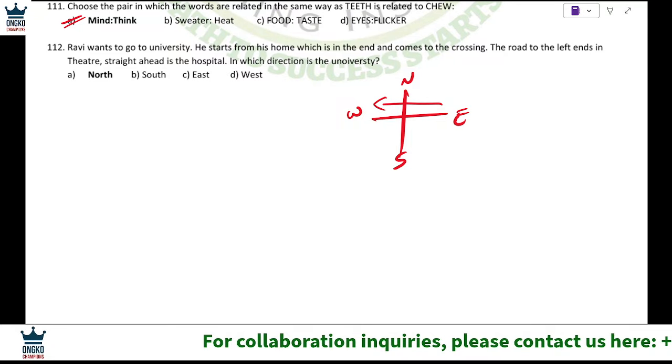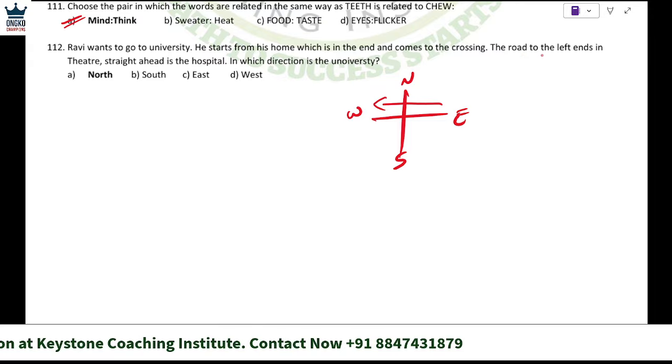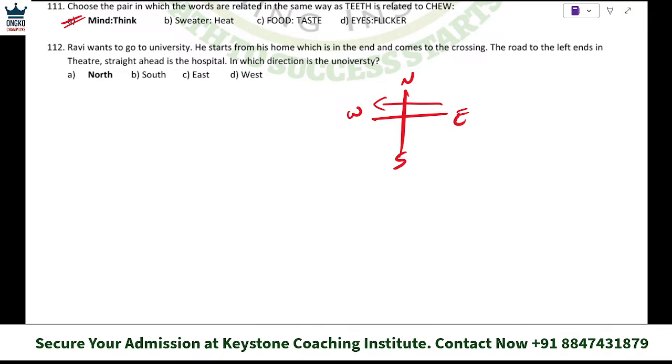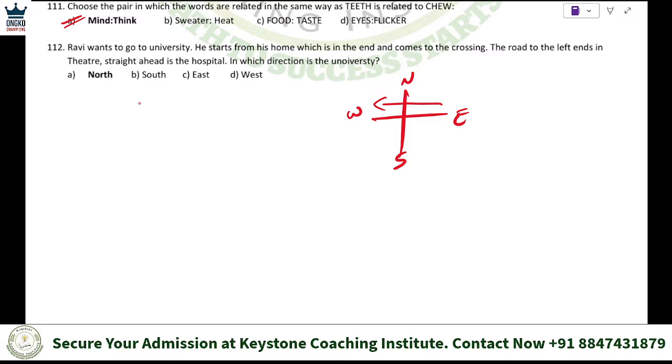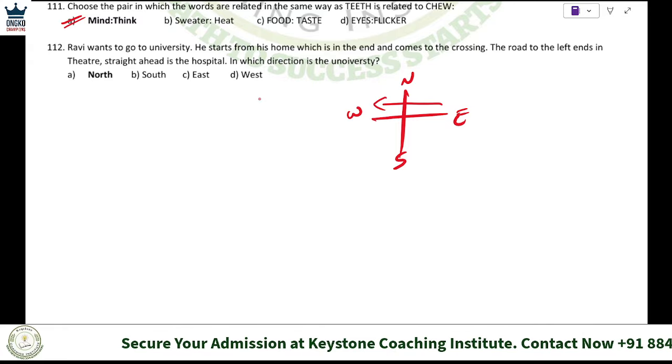Here they pointed: the road to the left end was it. So here, if he is facing west, his left would be south or no?